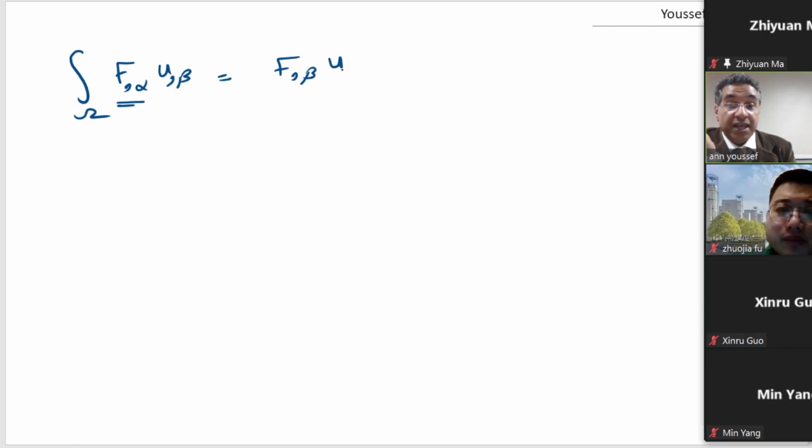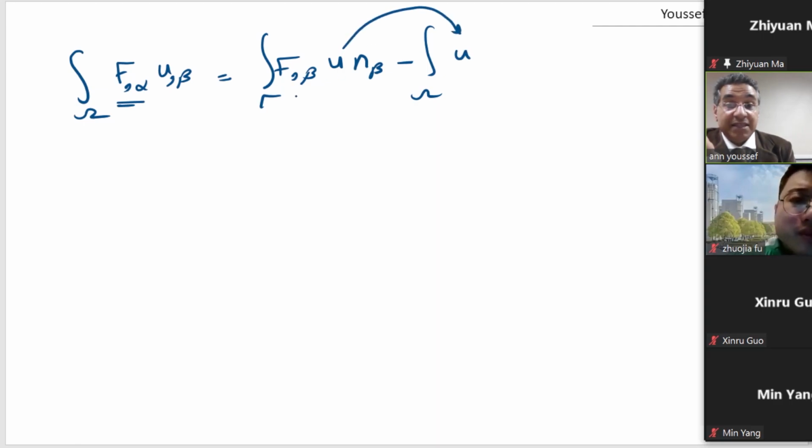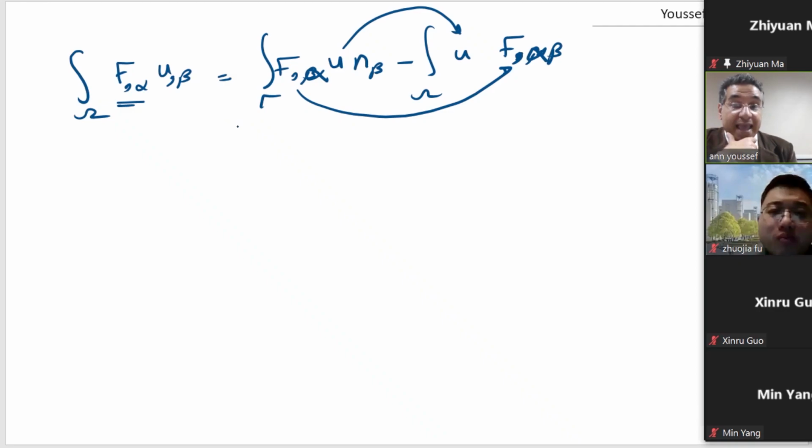Here I integrated with respect to beta, so I have to multiply by n beta, and this is a boundary integral, minus the integral of the previous integral times the derivative of the first with respect to alpha. So f comma alpha beta, comma alpha beta. Okay, again, the first function times the integral of the second function, minus the previous integral times the derivative of the first with respect to the index that I integrate with respect to.